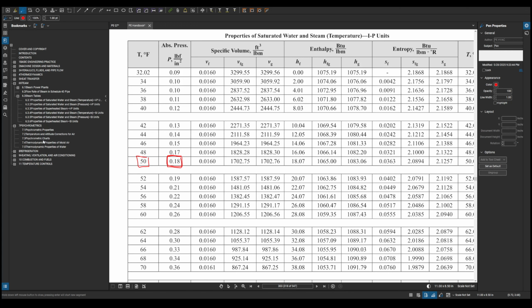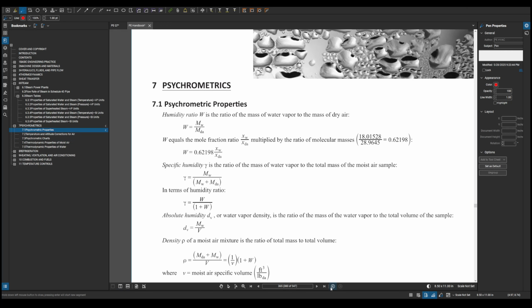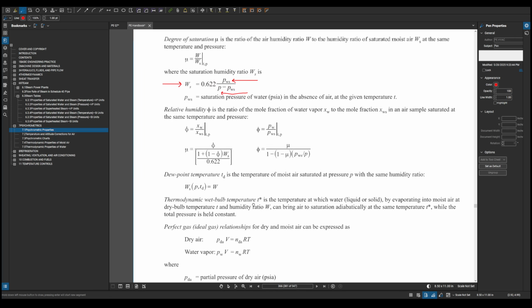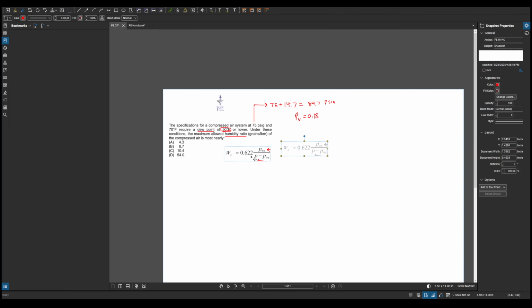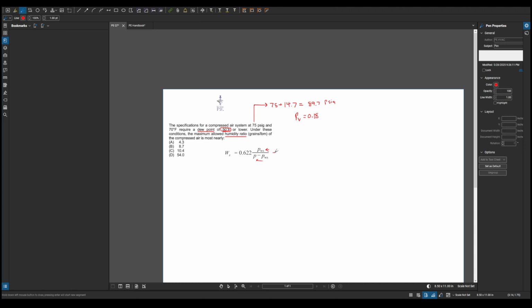So go back to our handbook. I'm going to grab this equation we're looking at. Grab that. So we're going to simply plug these numbers into this equation.